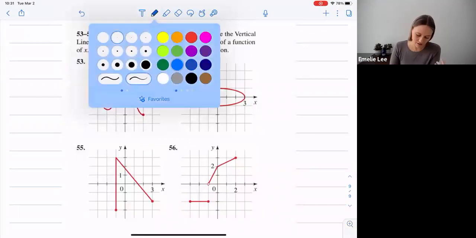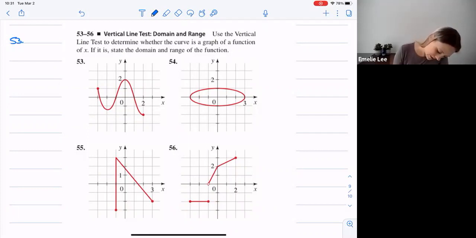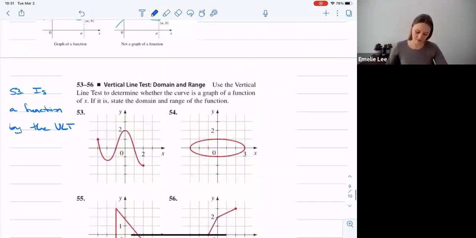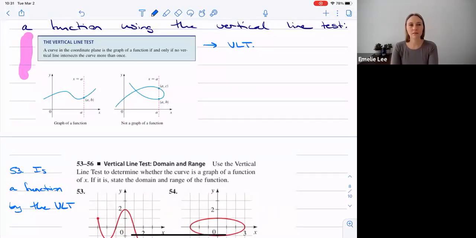So here, 53 over here is a function by the VLT, the vertical line test.